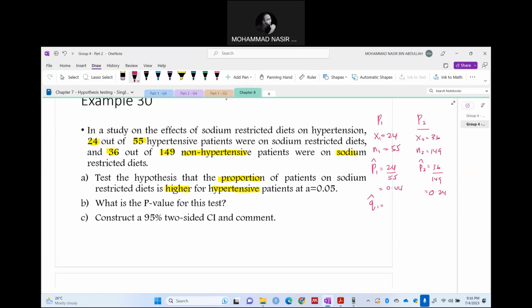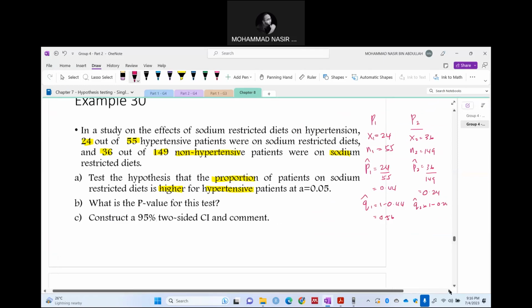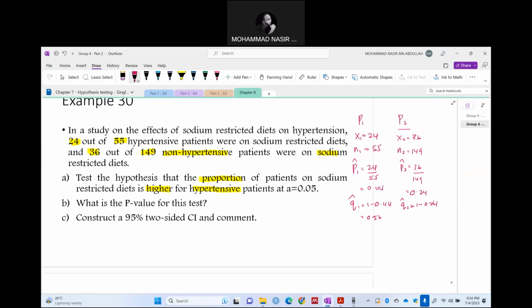Q1 hat is equal to 1 minus P1 hat, so 1 minus 0.44 is 0.56. Then Q2 hat is equal to 1 minus 0.24, which is 0.76. We just collect the data first.